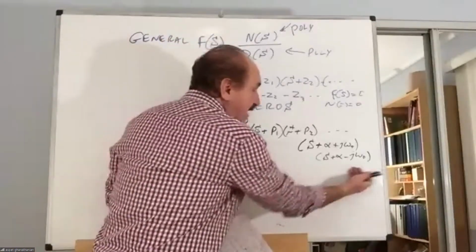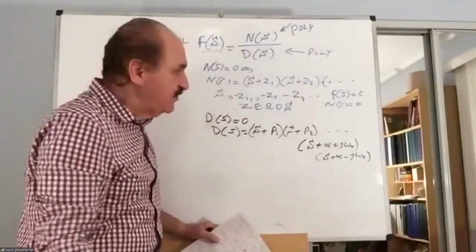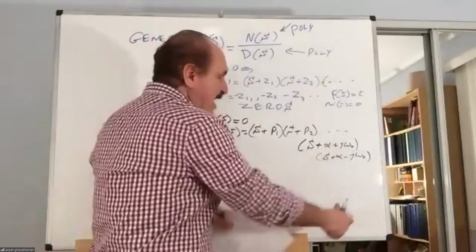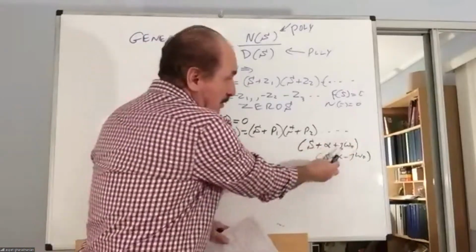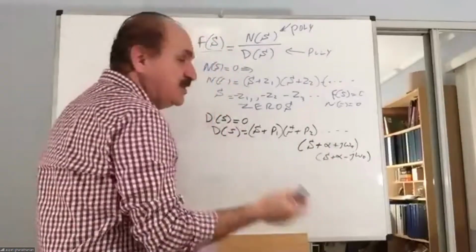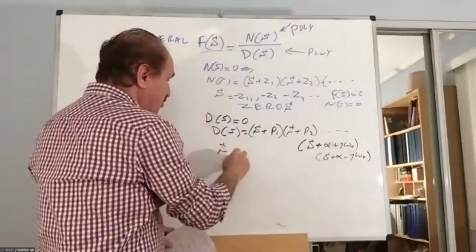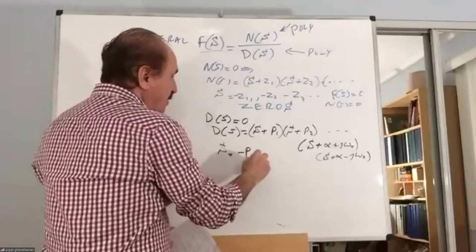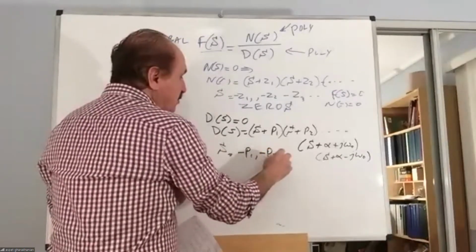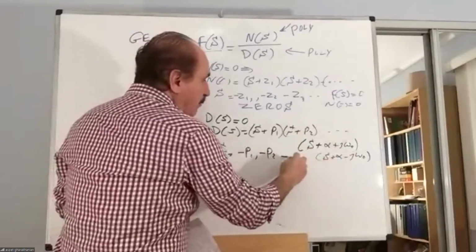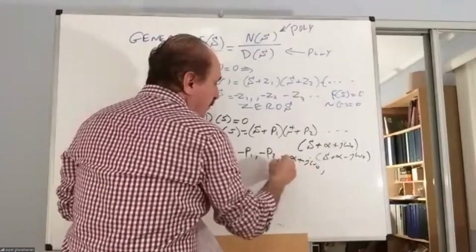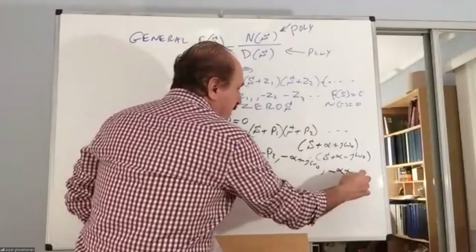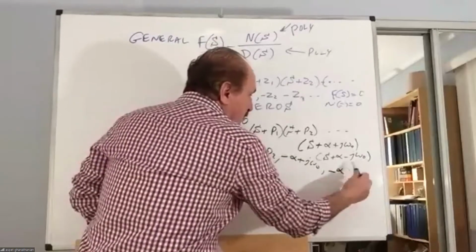So you may have a quadratic with all real coefficients, but if you break it down, it will give you complex numbers. Now, these values of s: minus p1, minus p2, here minus alpha plus j omega O, minus alpha minus j omega O, and so on.